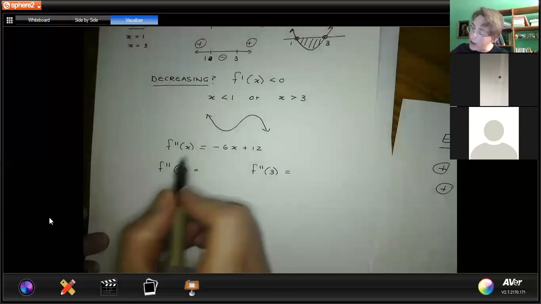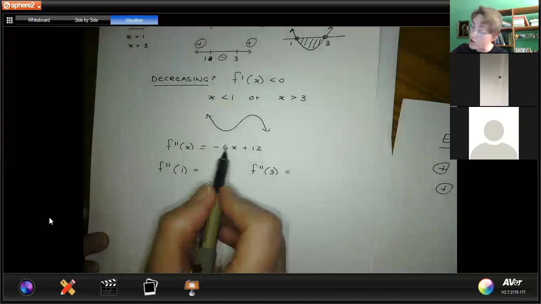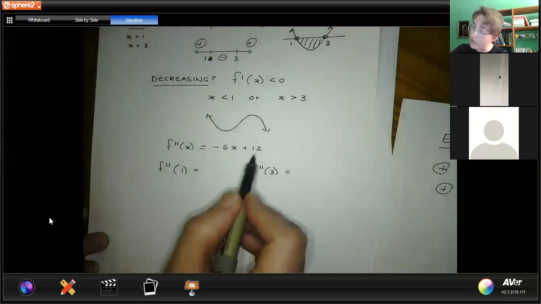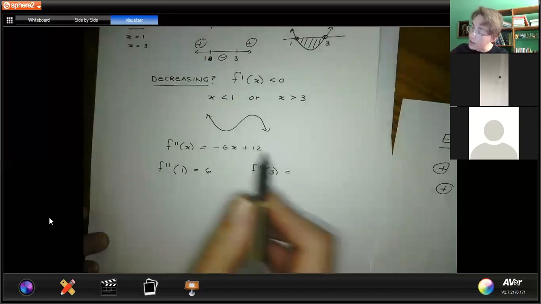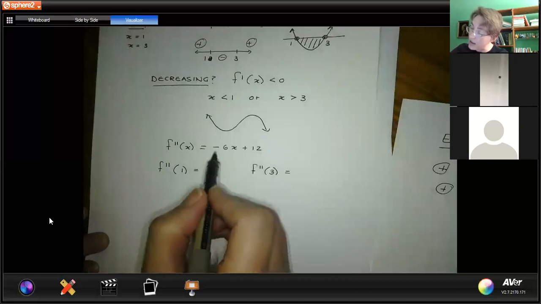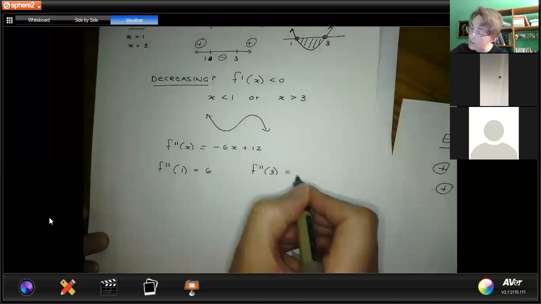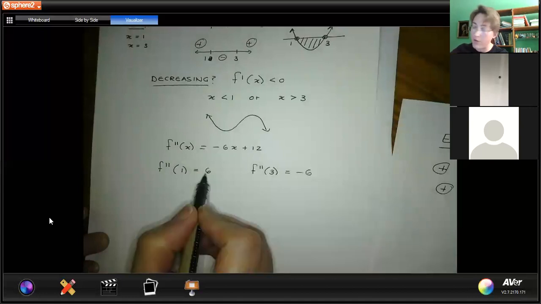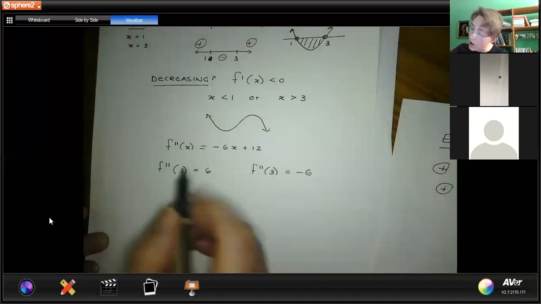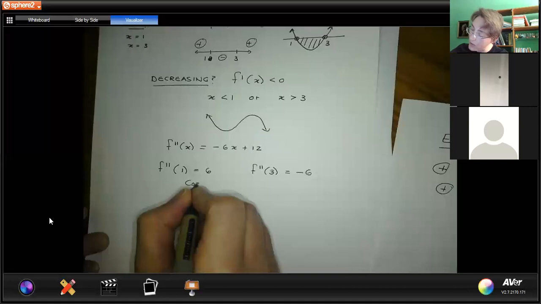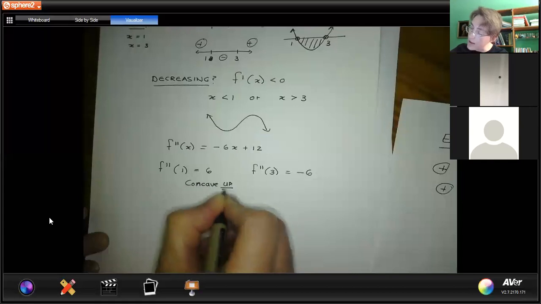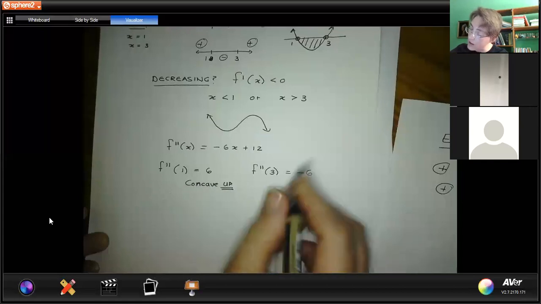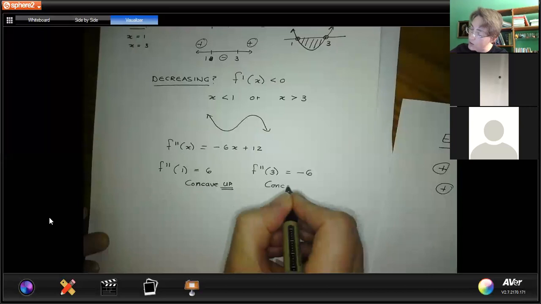So if I put the 1 in there, it's minus 6 times 1, which is minus 6, plus 12, which gives you 6. Then if I put 3 in there, it's minus 6 times 3, which is minus 18, plus 12, which is minus 6. Now, a positive second derivative means it's concave up, whereas a negative second derivative means it's concave down.